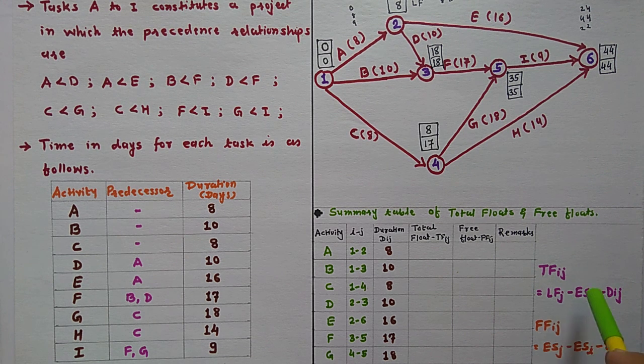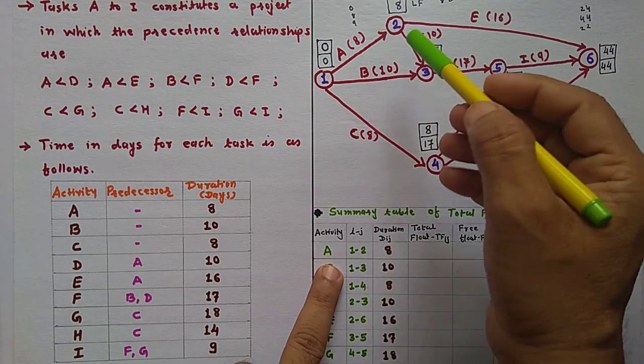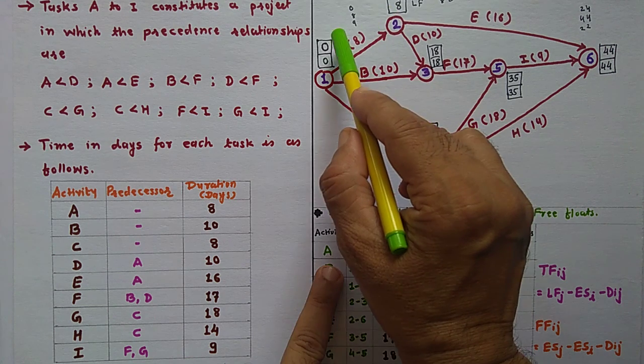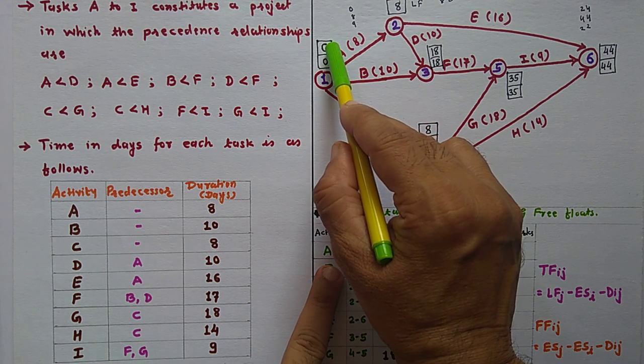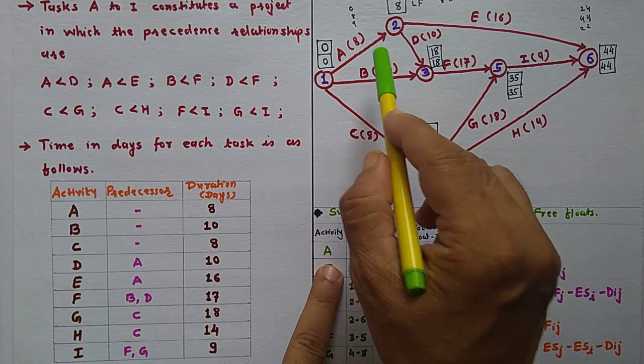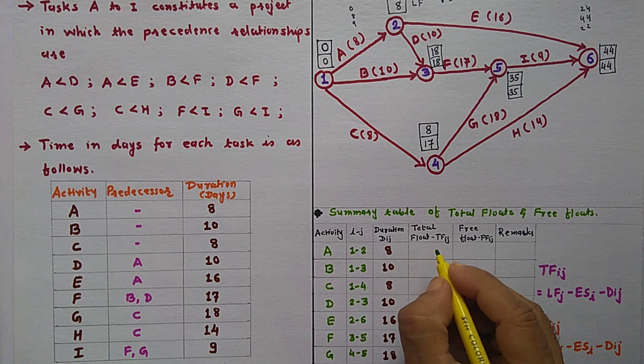Now the formula of total float is latest finish time of head event minus earliest start time of tail event minus duration. For the first activity A, 1 to 2: latest finish time 8 minus earliest start time of tail event 0 minus duration 8, that is equal to 0.